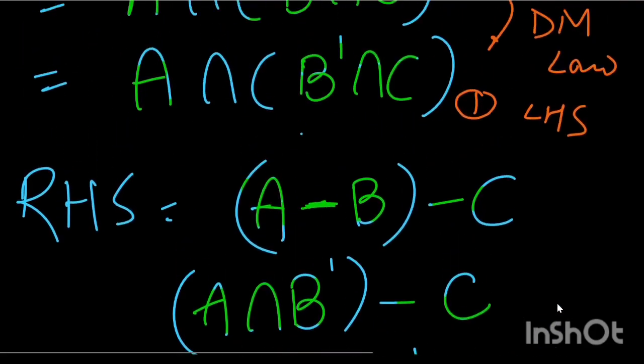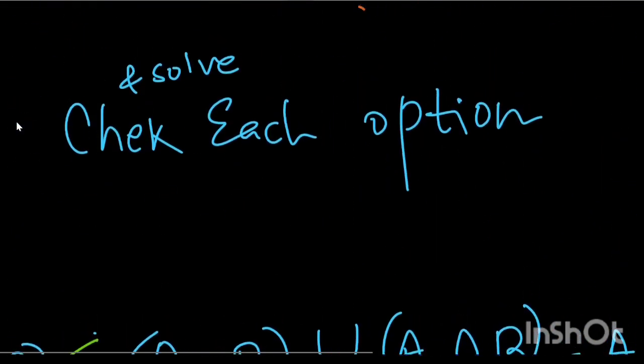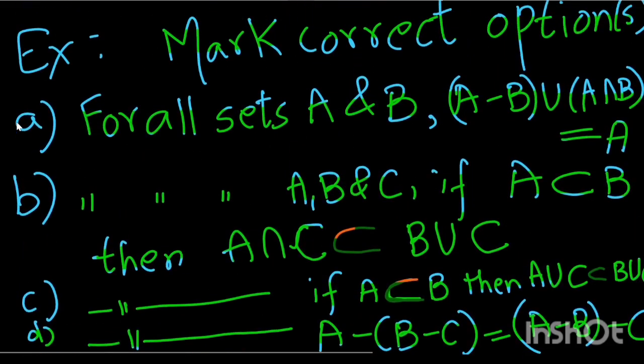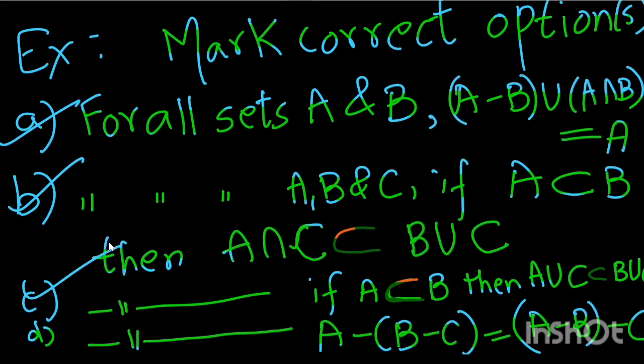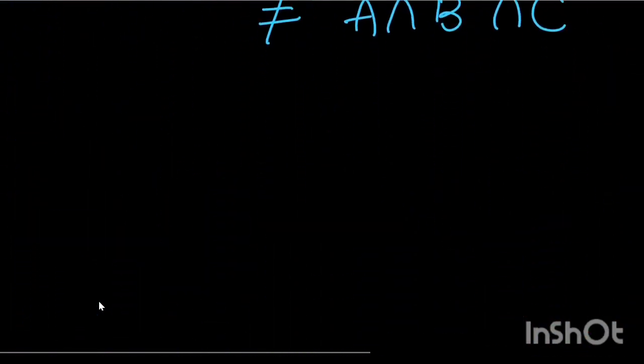So we can say that option D isn't correct. So out of the 4 given options, the correct ones are A, B and C. Okay, so that's how we will do this.